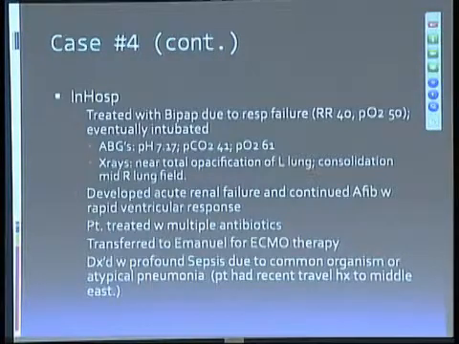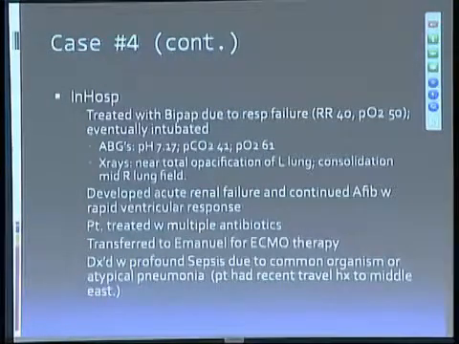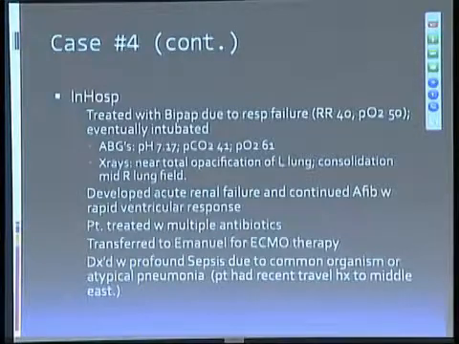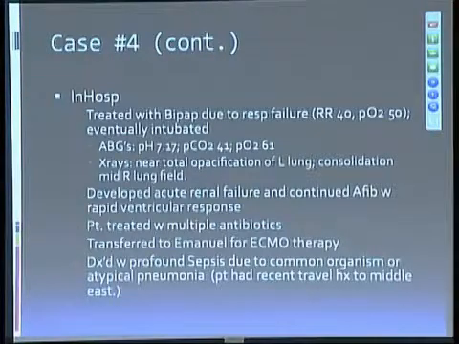This is a clear case of sepsis. After intubation, his PO2 gets all the way up to 61. He has near total opacification of his left lung and consolidation of the right mid-lung field, so he's got bilateral pneumonia. He developed acute renal failure, ARDS, goes on to multi-organ failure.